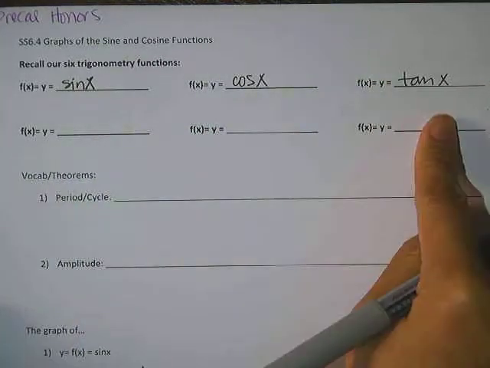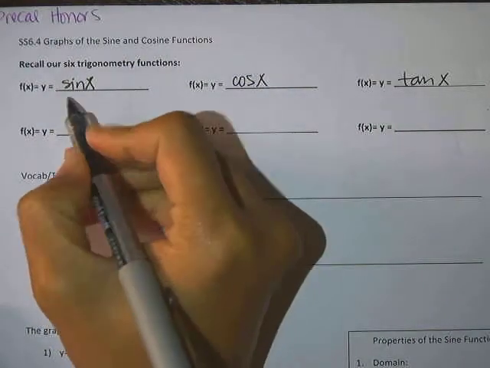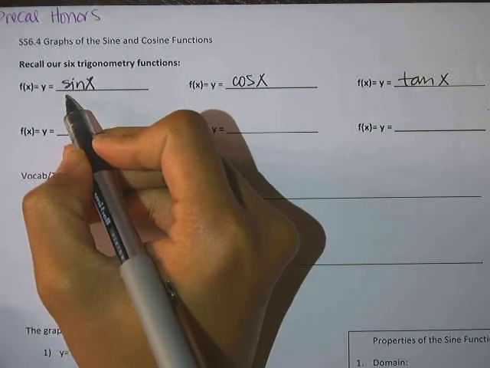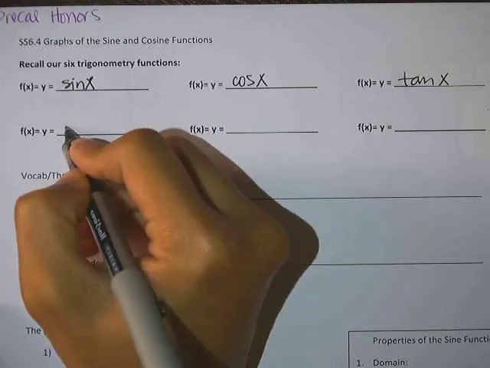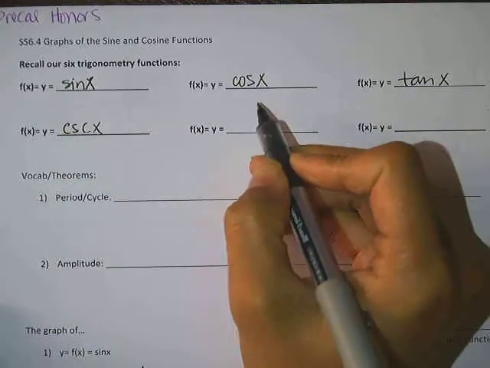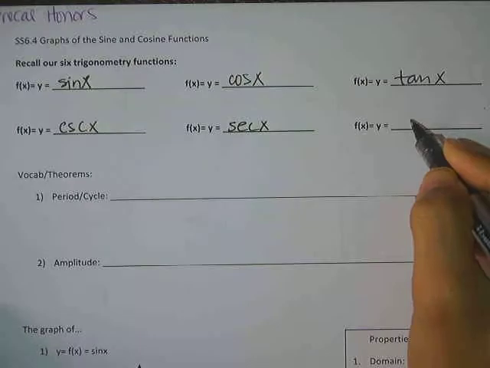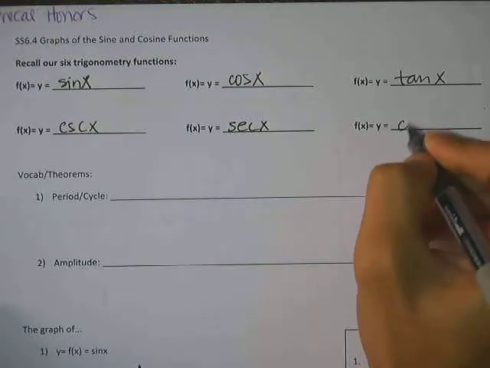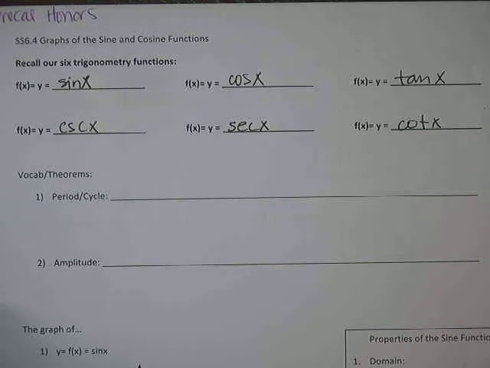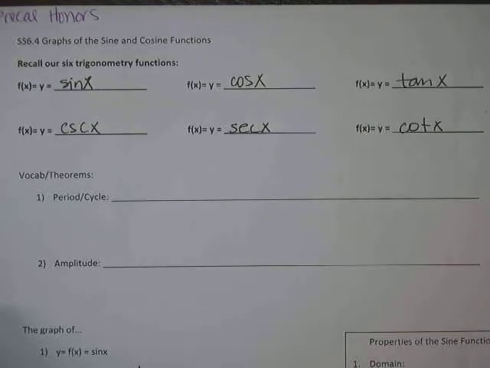So these are the three main ones, and then we're going to do the reciprocals. 1 over sine is going to be cosecant of x. Reciprocal of cosine is going to be secant of x. Reciprocal of tangent is going to be cotangent of x. So these are the six trig functions that we're going to learn how to graph as we go in this chapter.